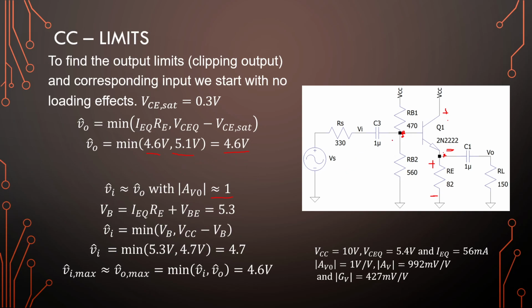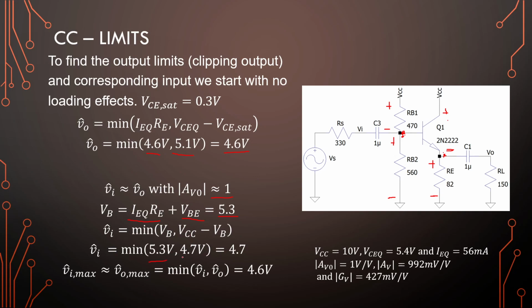Next, we want to have a look here at the base voltage. Okay, so that is our VE value plus VBE. This is 4.6 plus 0.7. That will give us 5.3 volts. And that is from here measured to down there. And we also want the range here on the input, and that would be VCC minus VB.